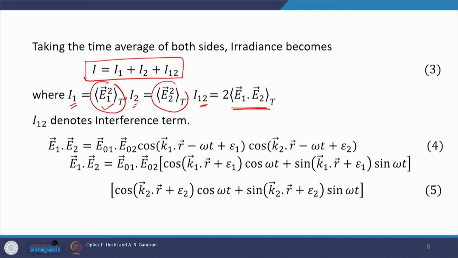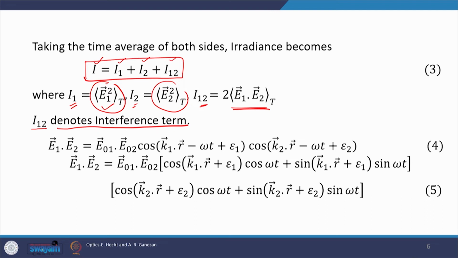The resultant irradiance I will be equal to I1 plus I2 plus I12, the cross term. As said earlier, I12 denotes the interference term. Therefore, the resultant would not be equal to the sum of the magnitudes of the two interfering waves. At a few places the magnitude will go up, at a few places it will go down, at a few places it may go to 0. We will analyze these things slowly.